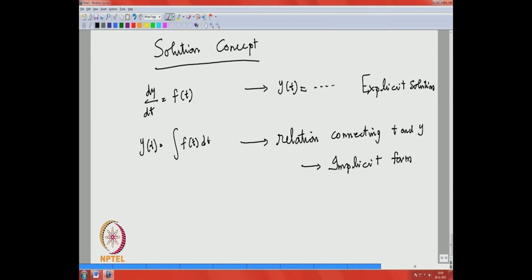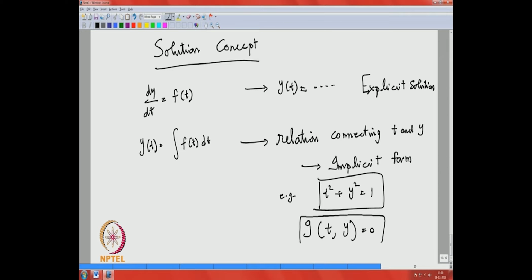For example, suppose your solution is of the form t square plus y square equal to 1. It is not possible to solve for y uniquely, which all of you know. So, you have a relation connecting t and y, and we call this also a solution to this problem, even though you are not able to solve for y in terms of t. That is an implicit relation.